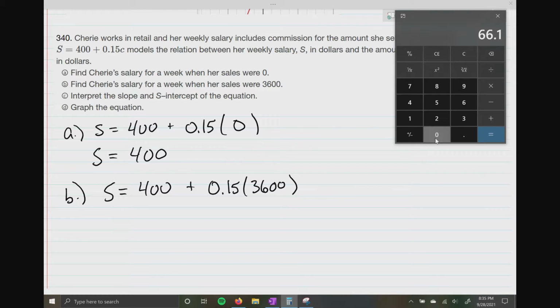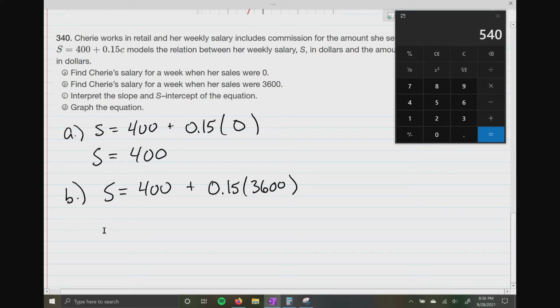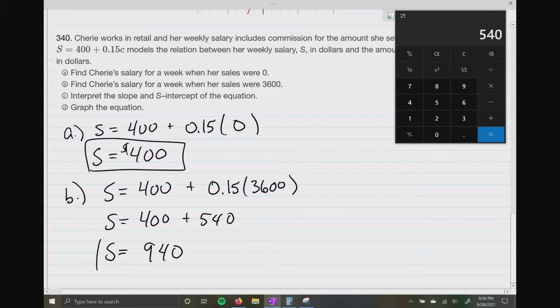And we're going to have, let me clear it out, 0.15 times 3,600, and that's going to give me 540. So S equals 400 plus 540 for a grand total of $940. So there's part A, and there's part B.